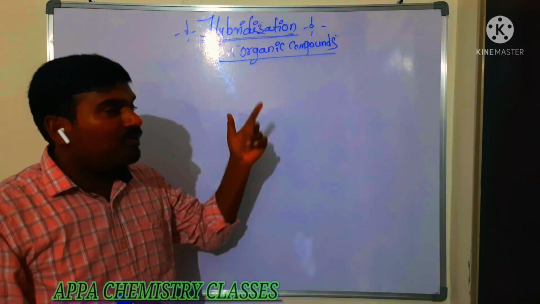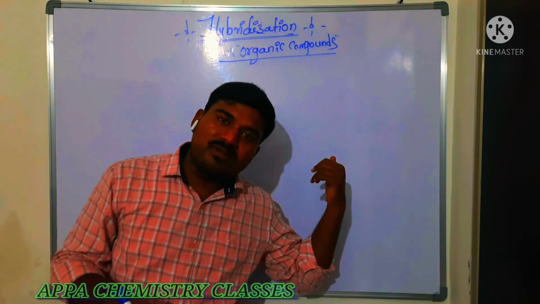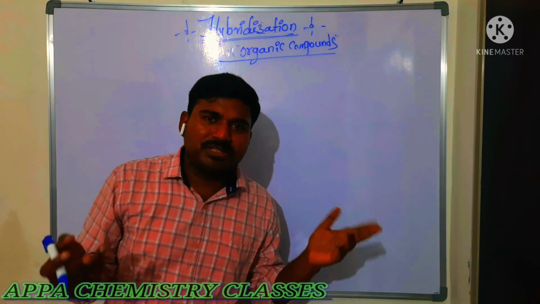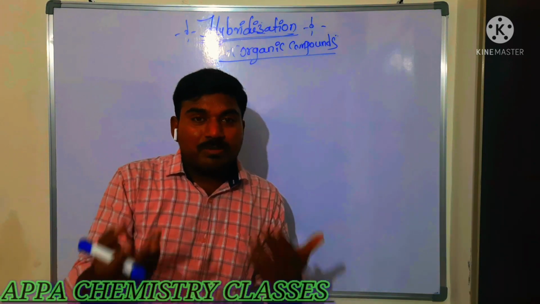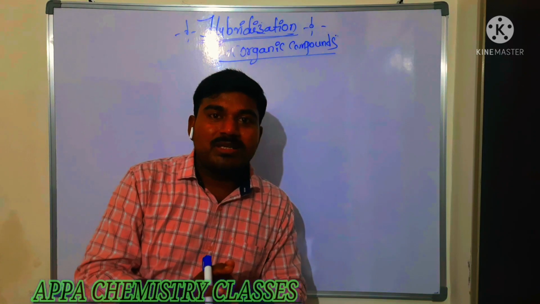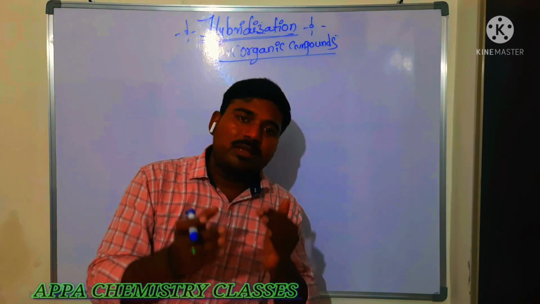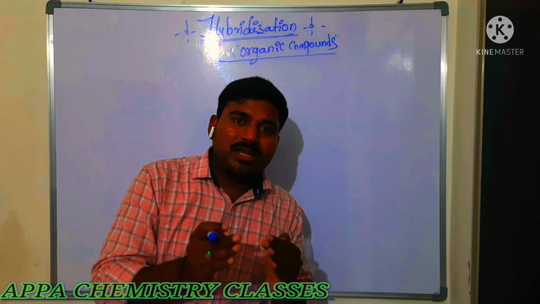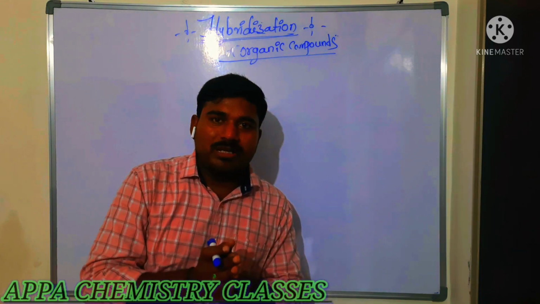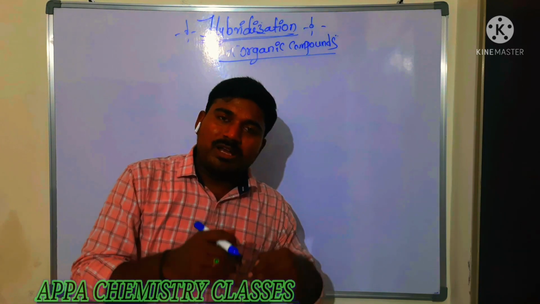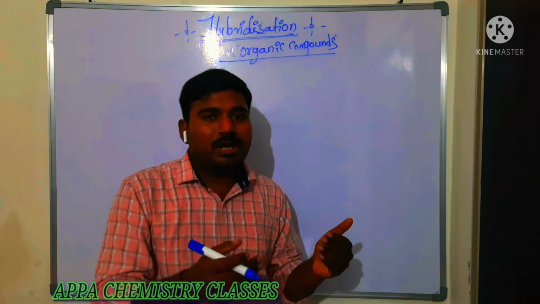That phenomenon of formation of hybrid orbitals is called hybridization. It's very simple. Which orbitals do we mix? We mix atomic orbitals of the same atom having nearly the same energy. Then we get the hybrid orbitals.